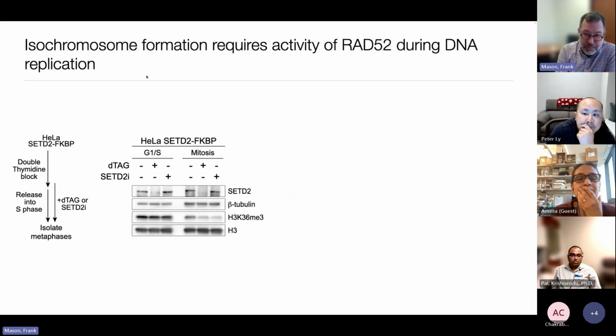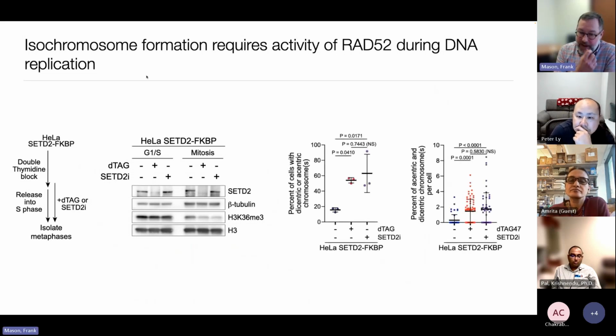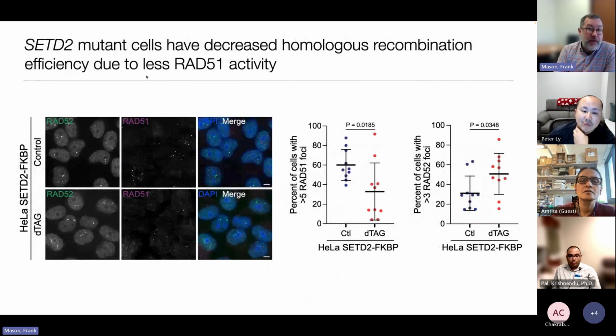What we see is that either depletion or inhibition of SETD2 during DNA replication led to an increase in the number of cells with dicentric or acentric chromosomes, as well as the frequency of chromosomes that are acentric or dicentric. This demonstrates that loss of SETD2 during DNA replication is sufficient to cause the formation of these gross chromosomal rearrangements.